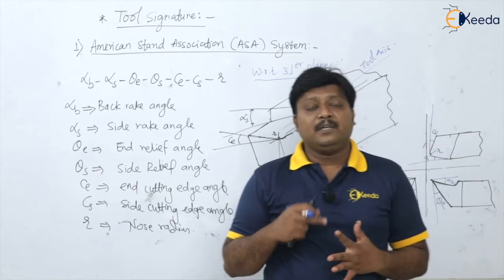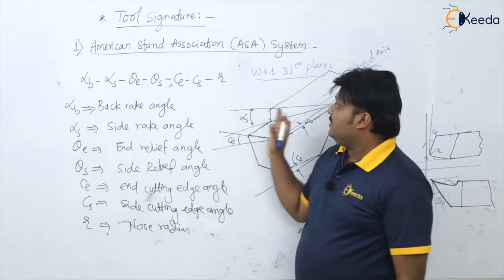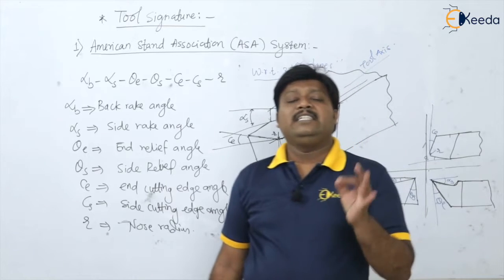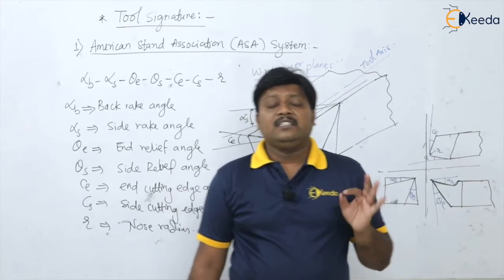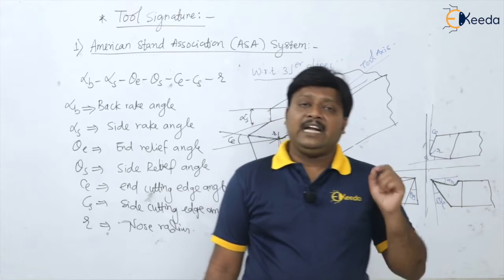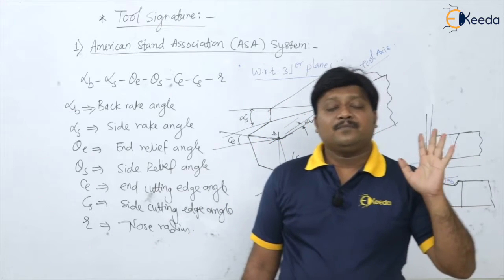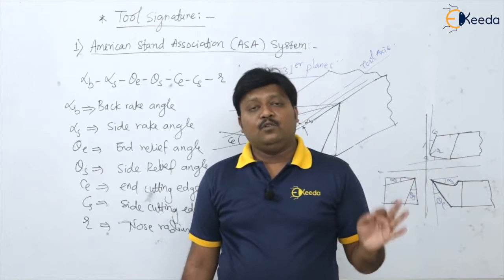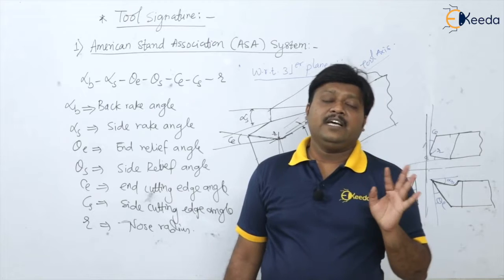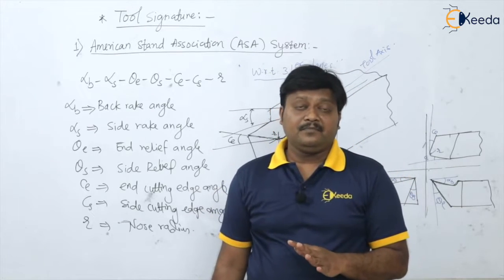That is for remembering. So that is why this is the most common method of tool designation. Very important. This is the most common method of tool designation and used across the world. If you go to any shop floor, you will definitely find this ASA system there rather than any other.